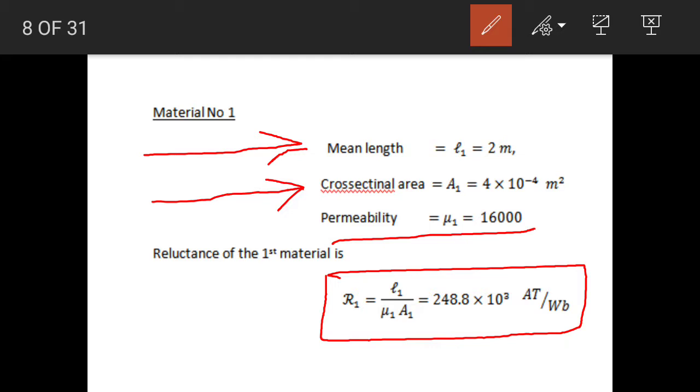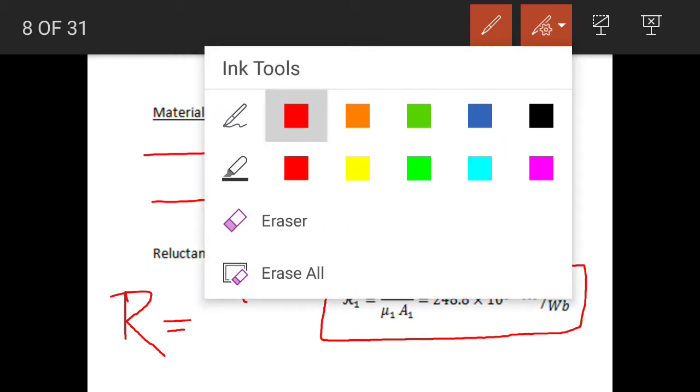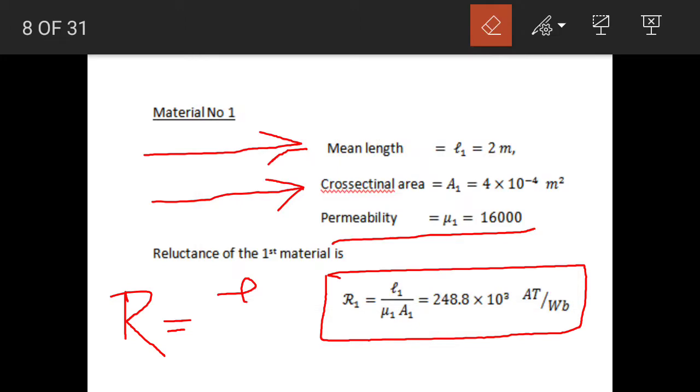We know that reluctance in a magnetic circuit is analogous to the resistance of the electrical circuit, and you know that the resistance of the conductor depends upon the material of the conductor, the length of the conductor, and the cross-sectional area of the conductor.